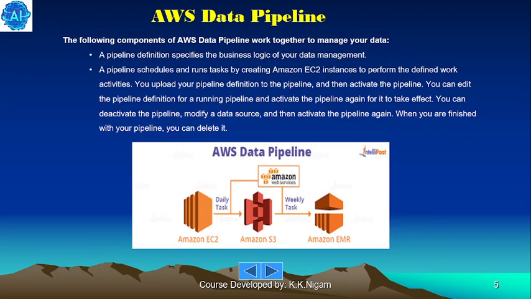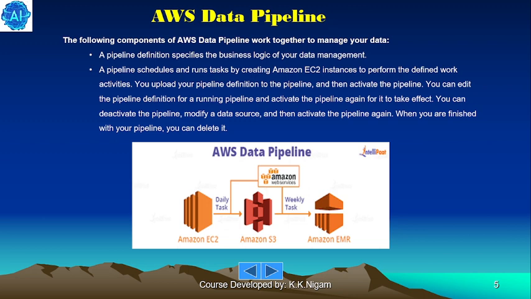The following components of AWS Data Pipeline work together to manage your data. A pipeline definition specifies the business logic of your data management. A pipeline schedules and runs tasks by creating Amazon EC2 instances to perform the defined work activities.